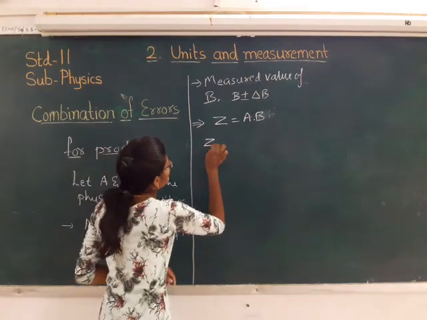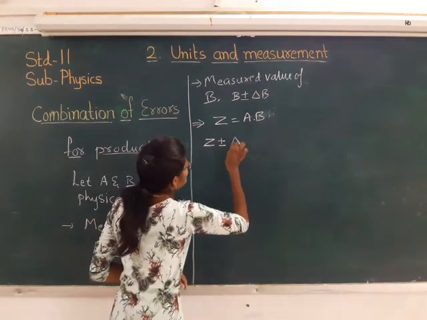So this can be written as Z plus minus delta Z.